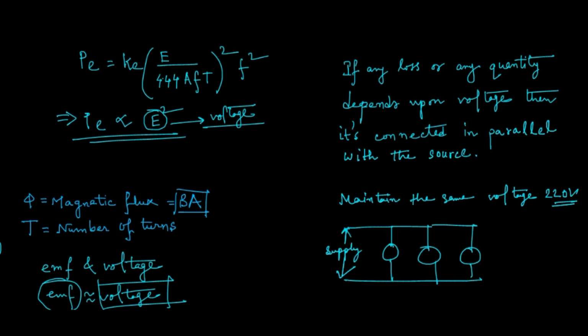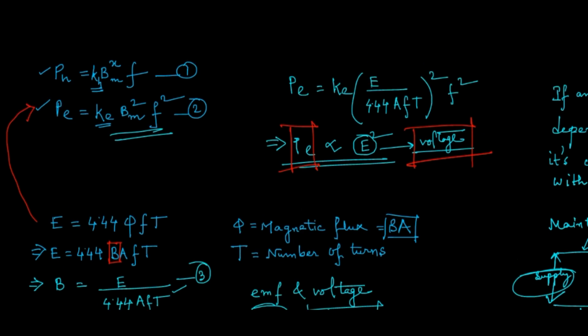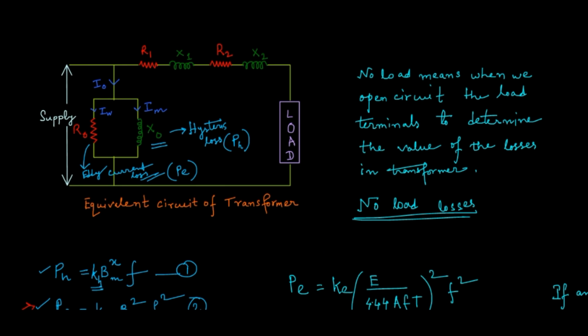Suppose this is your refrigerator, this is your fan, this is your light: all are connected between phase and neutral, that means in parallel with the supply. It is the same here. Whenever a loss, whether hysteresis loss or eddy current loss, directly depends upon the value of the voltage, you certainly need to connect it in parallel with the supply.